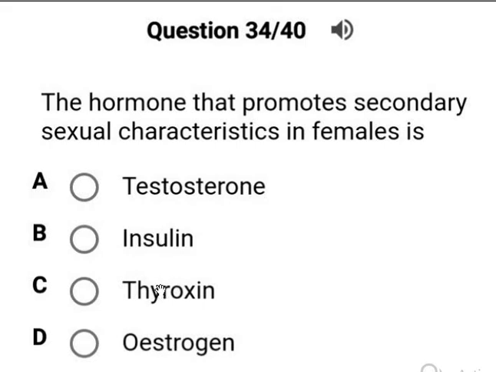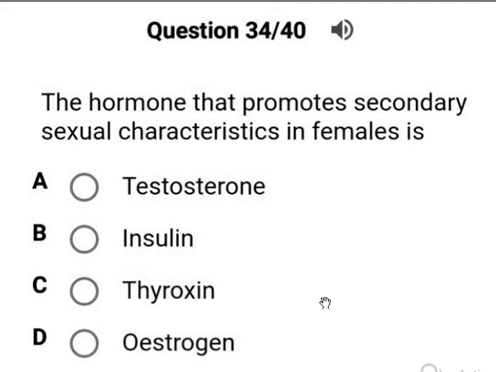Testosterone promotes sperm formation and secondary sexual characteristics in male, and thyroid accelerates metabolism rate and controls growth. So the best option here is estrogen, which promotes secondary sexual characteristics in females. As we explained all the other options, option D is the best option.